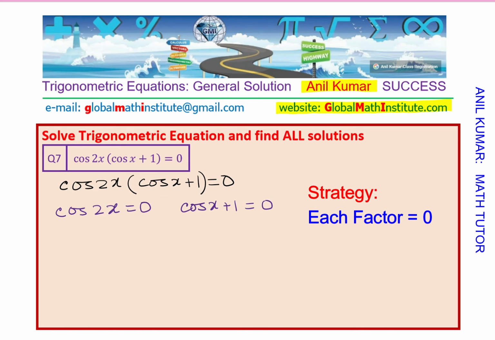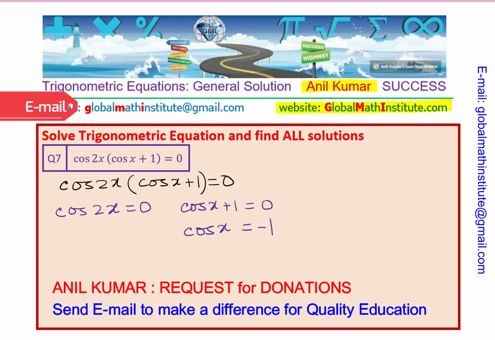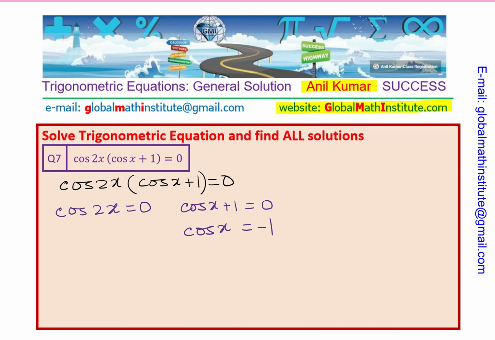If cos x plus 1 is 0, that means cos x is equal to minus 1. I like to finish off with cos x equals minus 1 first and then get to the double angle. So let me draw the cosine function.